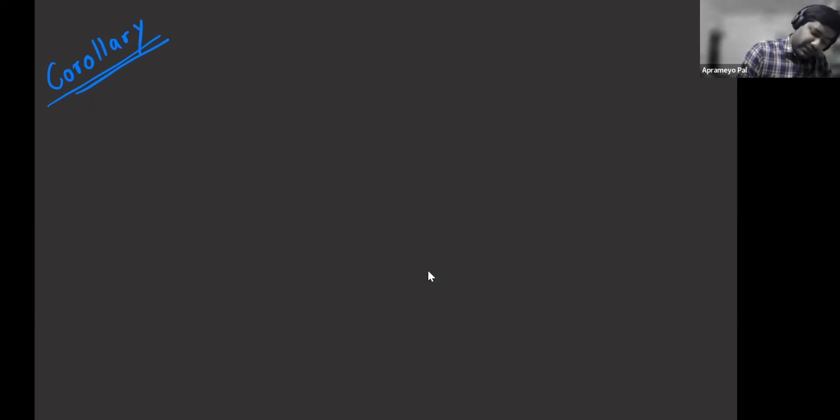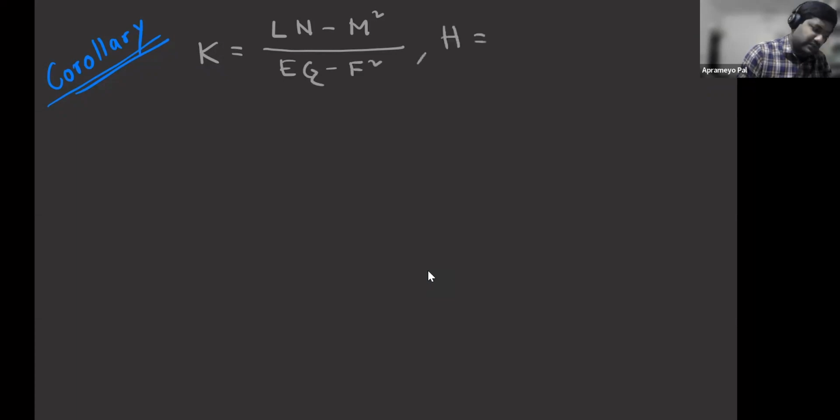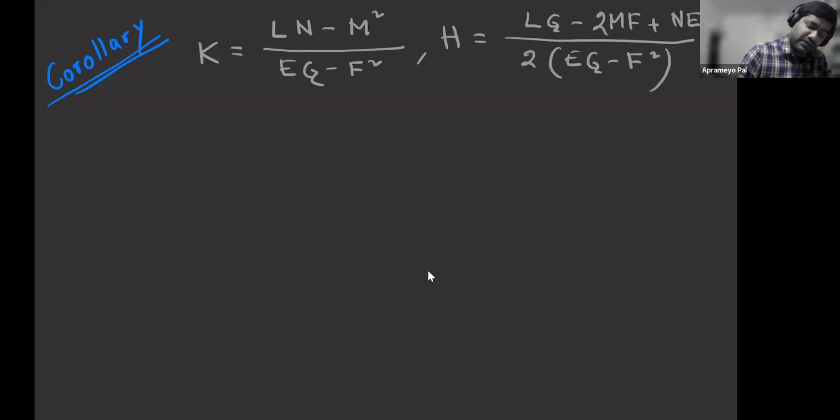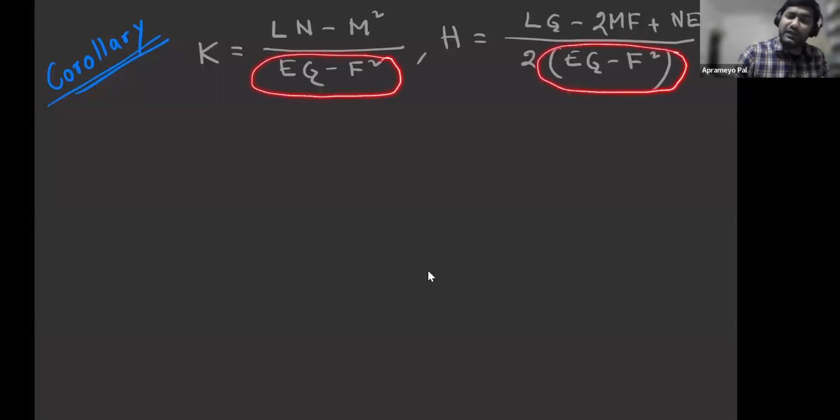So you can get the Gaussian curvature K, this is nothing but LN minus M square divided by EG minus F square, and H is LG minus 2MF plus NE divided by 2 times EG minus F square. Now, if you remember yesterday's Gauss equations, there also I told you that this term regularly will come in the denominator. Why? Because let's see the proof.